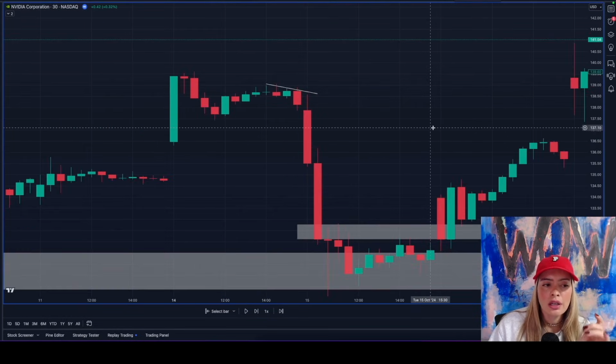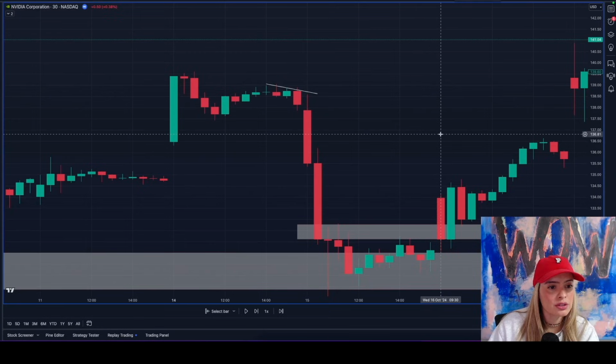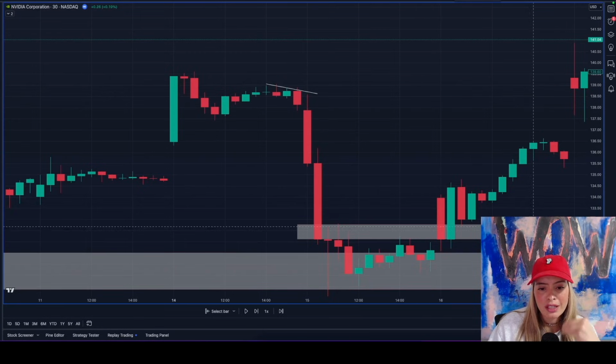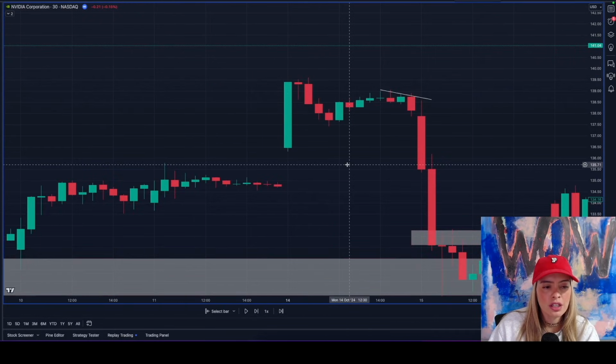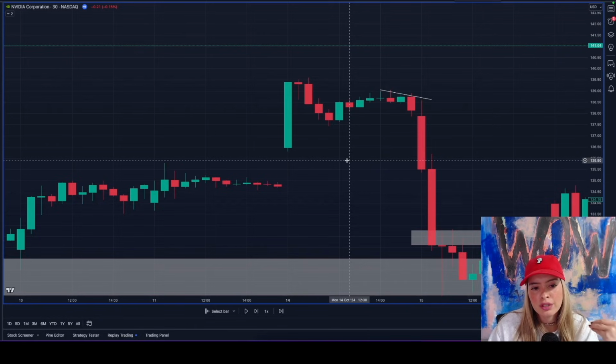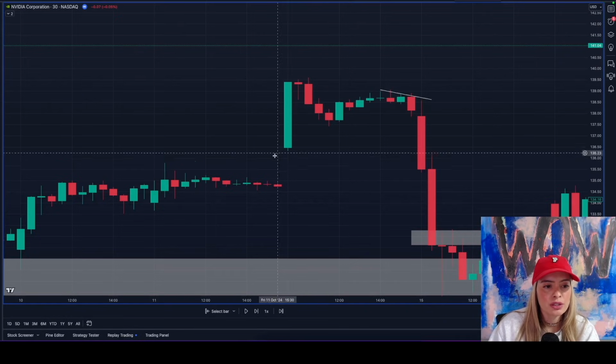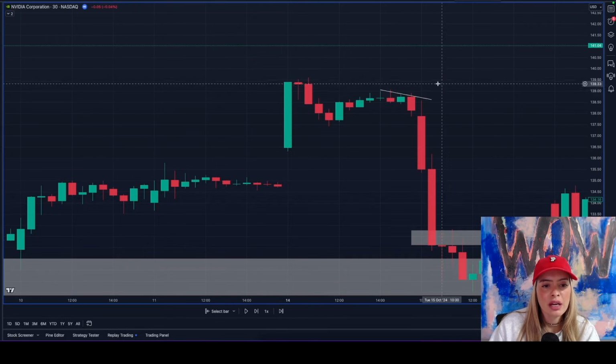Again, it's not 1,000% certain. You need to use everything that the market is telling you. This is a good example that you cannot just think that the market is gonna go in one direction only with candlesticks, because we have here this bullish engulfing candlestick, and what happened after?